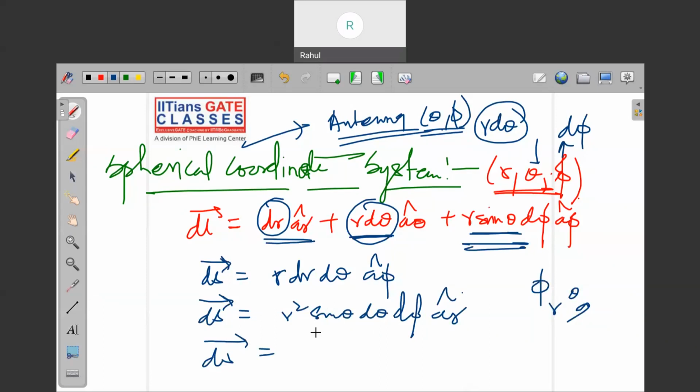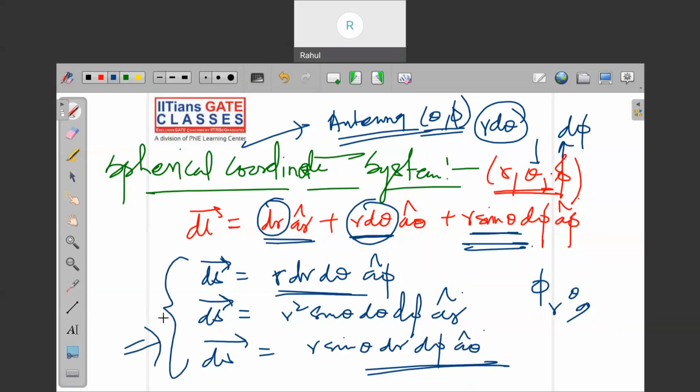So just take the multiplication of r and phi, and what you will get here is r sin theta dr d phi. What is constant here? A theta. So these are very, very important concepts. You have to keep this in mind. Understand? I hope this is clear for everyone.